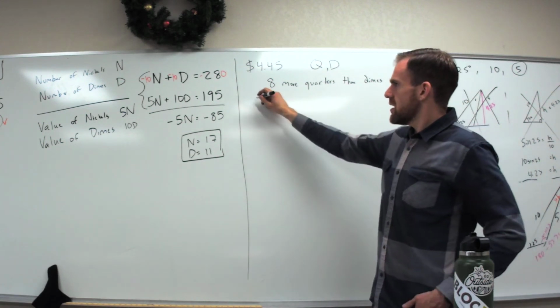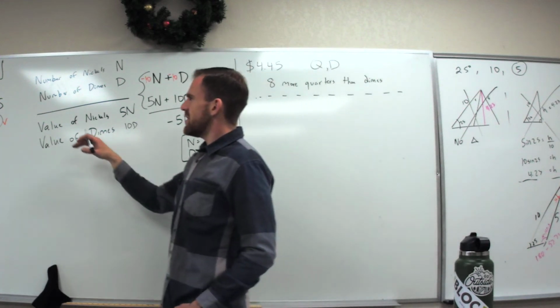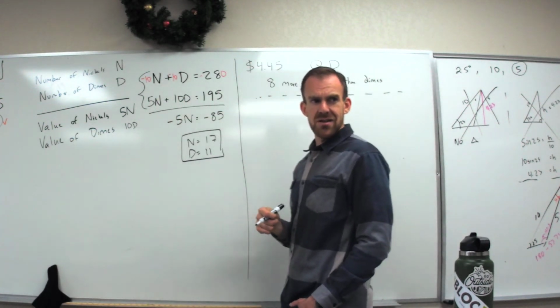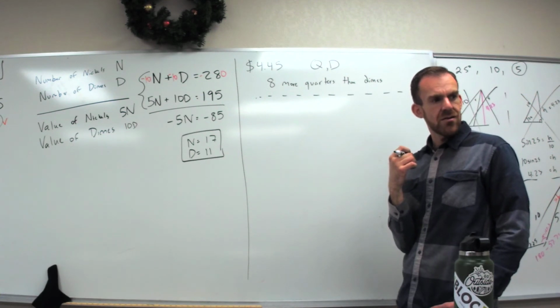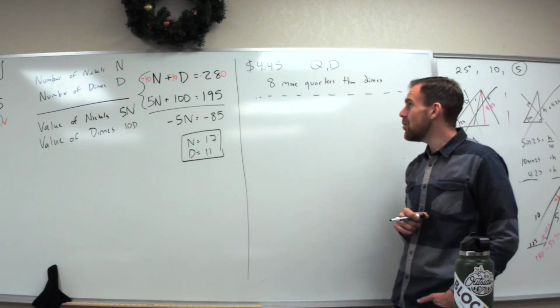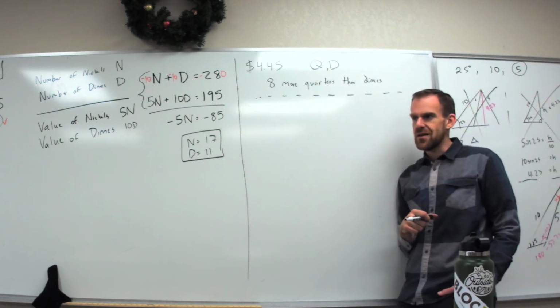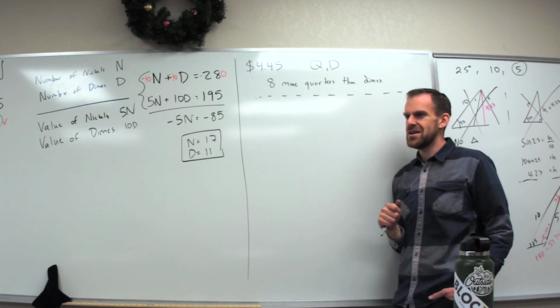So, can we write our 2 equations? Our first equation is going to be the number of things equation. So, the number of quarters I will call what? Q. The number of dimes I will call what, Riley? D. You are not Riley. You are AJ. I will call this one AJ.